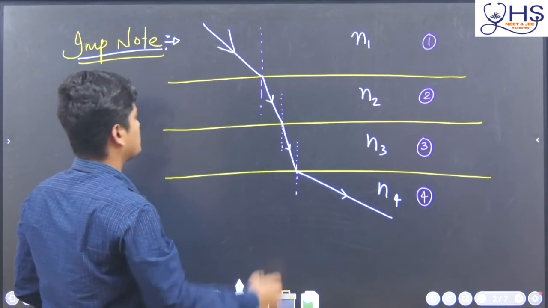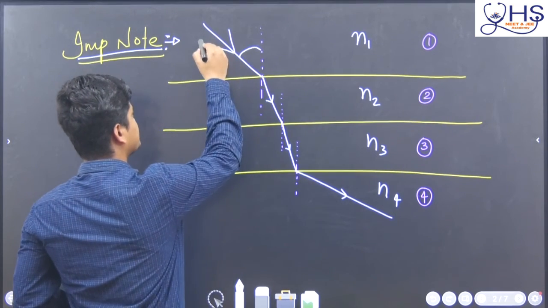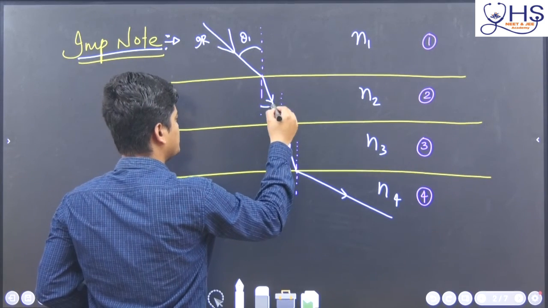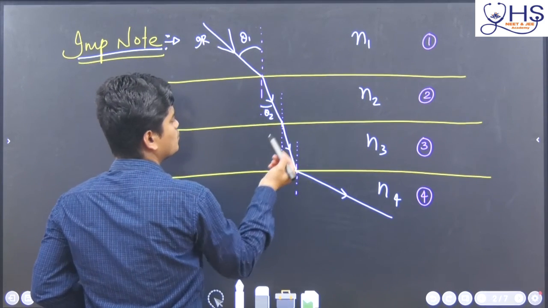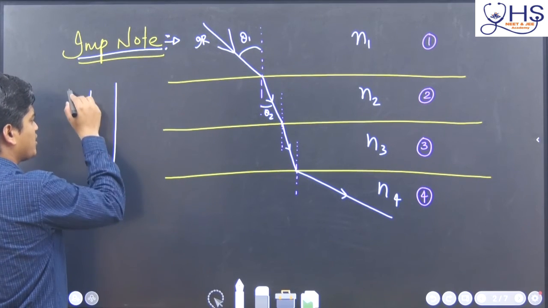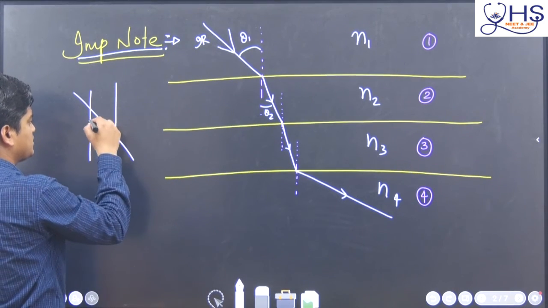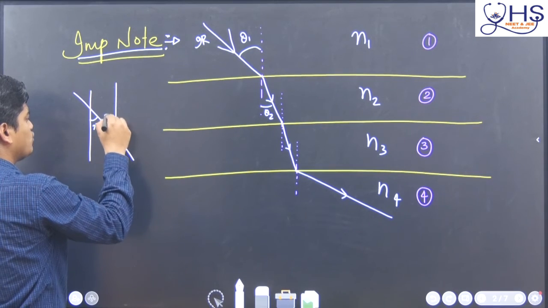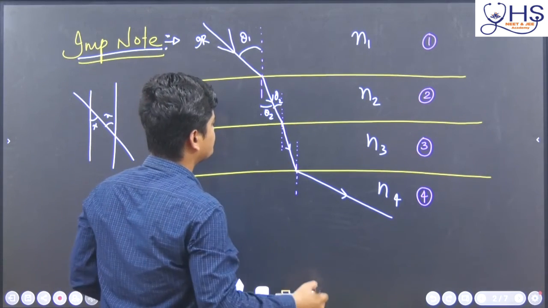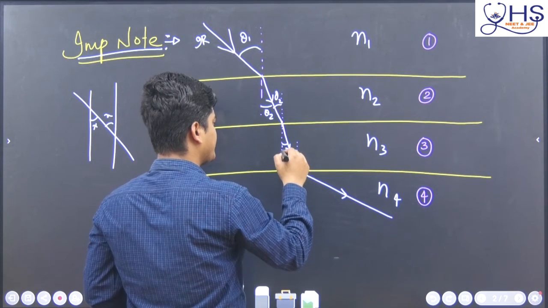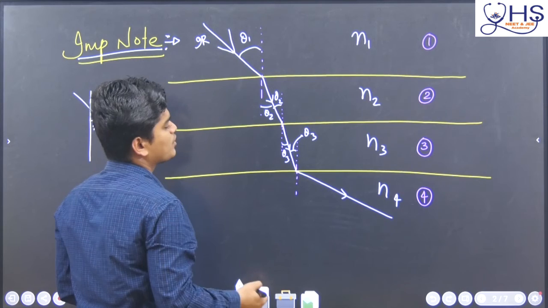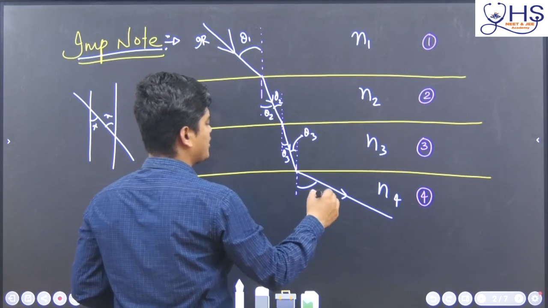Now this angle of the incident ray is theta 1 and this one is theta 2. And remember these two lines are basically normals. If they are normal and they intersect, then this angle and this angle will be same, so this will also be theta 2. Then after this you can take again a refraction angle theta 3, this angle also theta 3. Now this angle you take suppose it is theta 4.